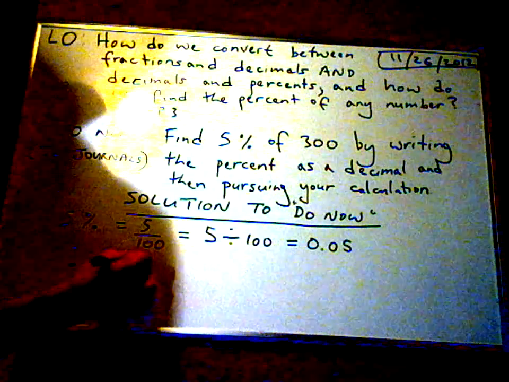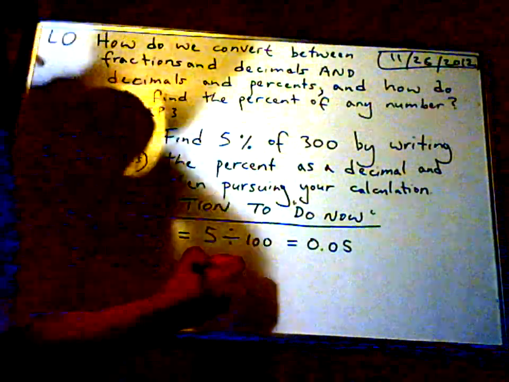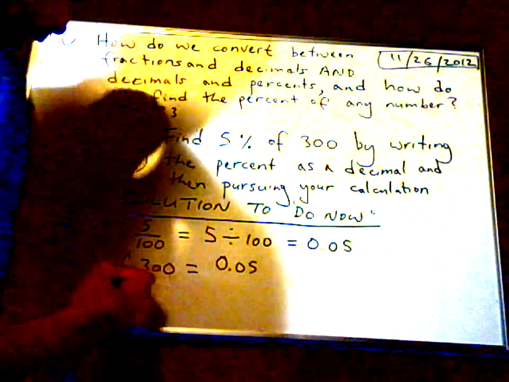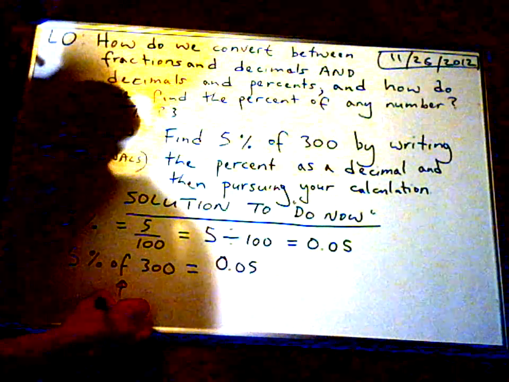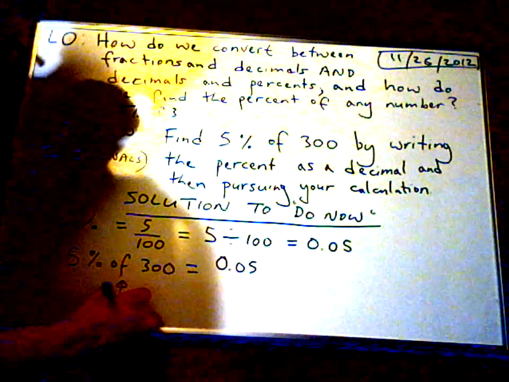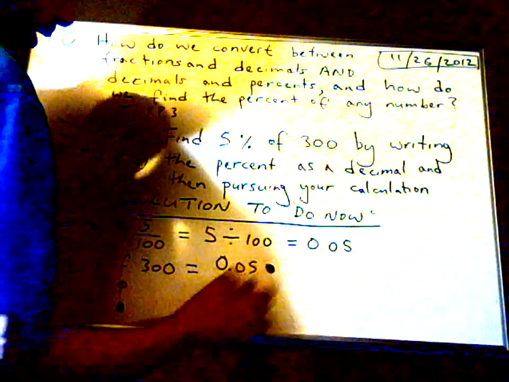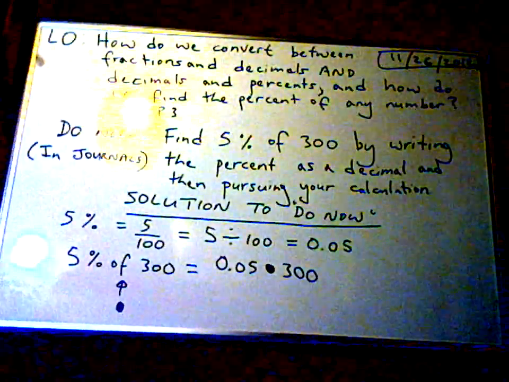And now you do 5% of 300. You rewrite that as 0.05, and the "of" means multiply, so you should put a dot for multiply: 0.05 times 300.